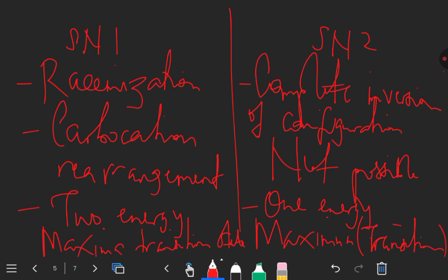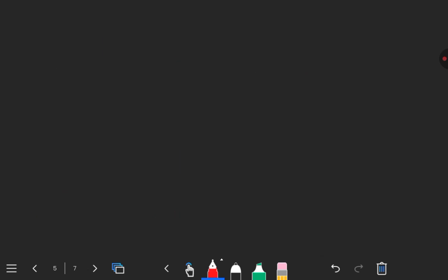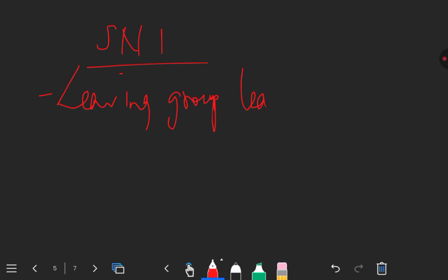So about the mechanism, to summarize everything I've talked about: when you have an SN1 reaction, one thing you need to understand is that there's a leaving group. A leaving group is able to leave. Once that leaving group leaves, there is the formation of a carbocation.